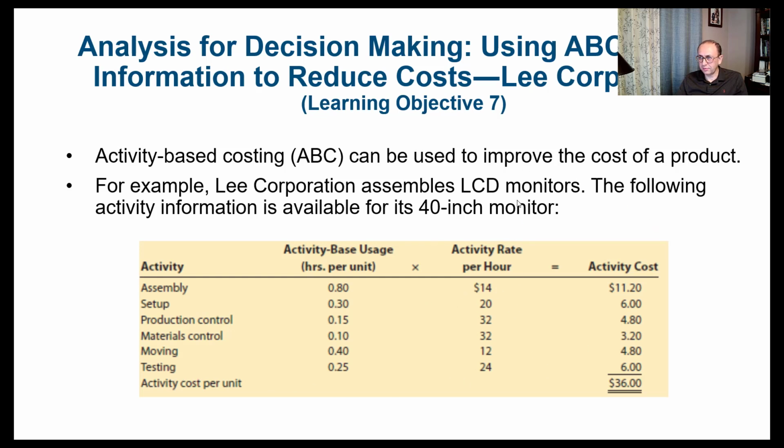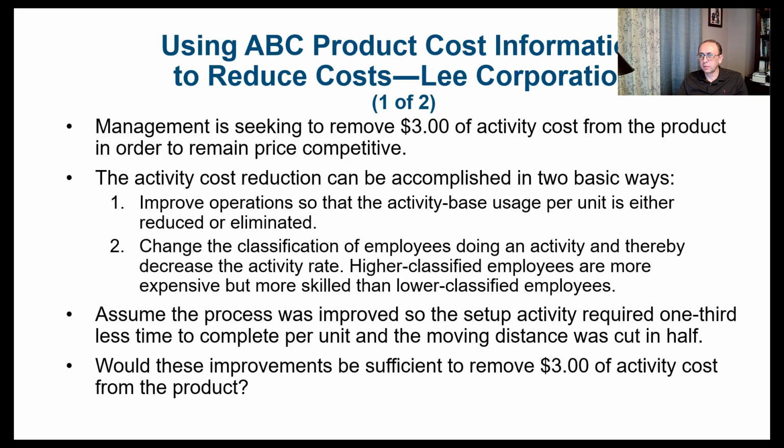For the 40-inch monitor, the total cost based on activity-based costing is $36. So we multiplied the usage by the rates, and that's how much is allocated per 40-inch monitor.